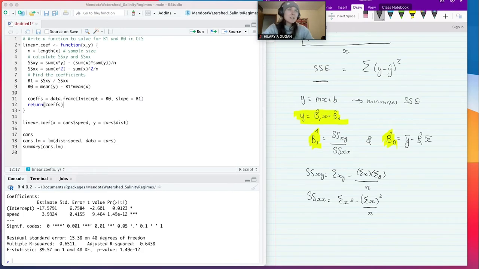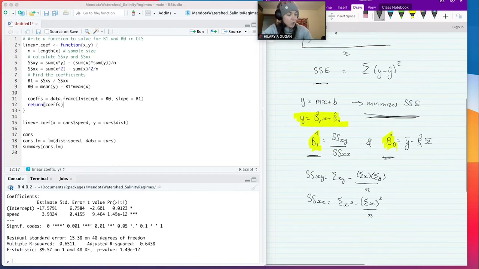And this would be really time consuming for humans to do, because you would just have to keep subbing in different parameters for your slope and your intercept, trying to minimize your sum squared error. That would be painful. Good news is we have computers that are super computationally efficient and can do things in fractions of seconds that would take us a lot longer.